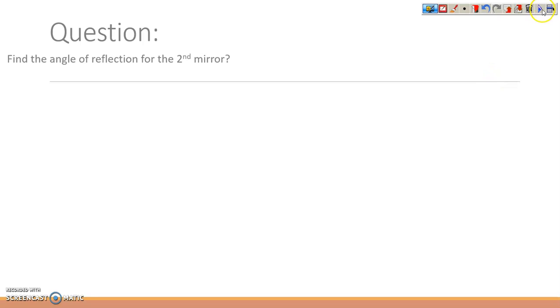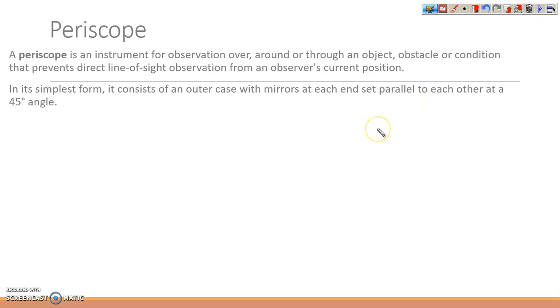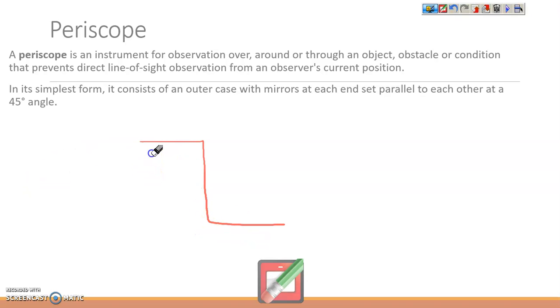Okay, let's look at the next slide. Periscope. What is a periscope? It's a long tube-like device that is used to view objects beyond an obstacle. Let me draw a periscope here. Sorry, this is not correct.